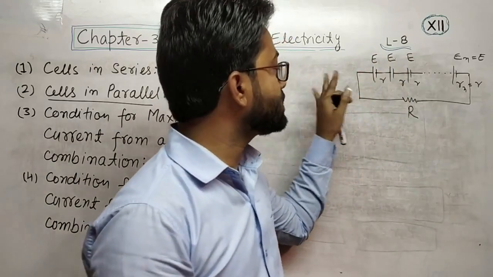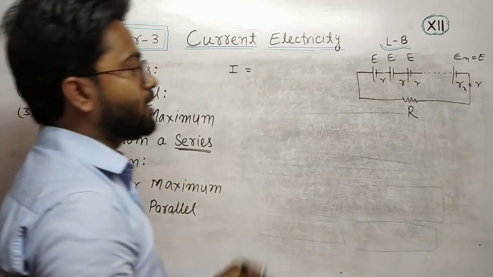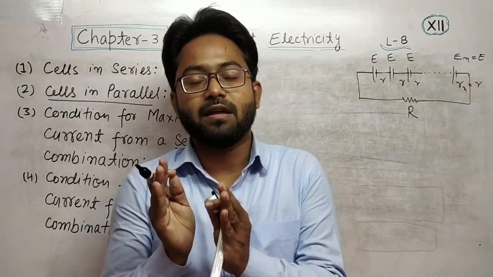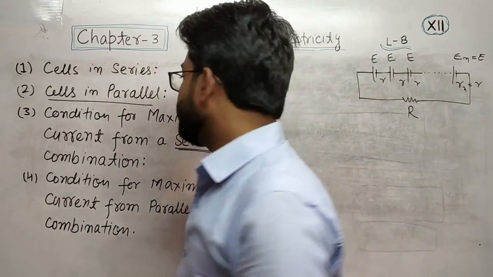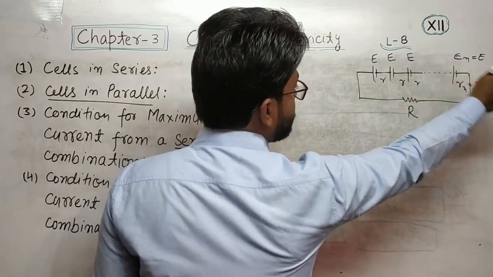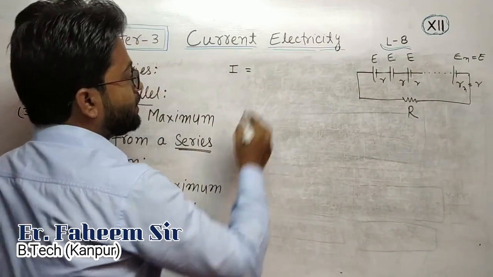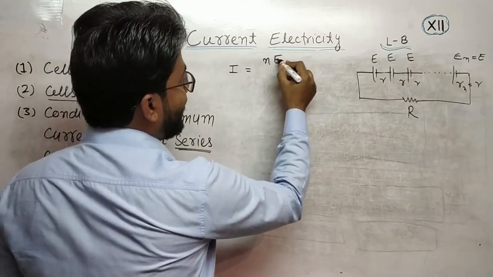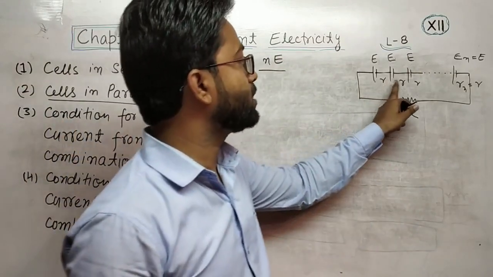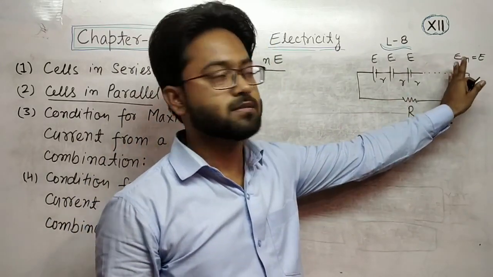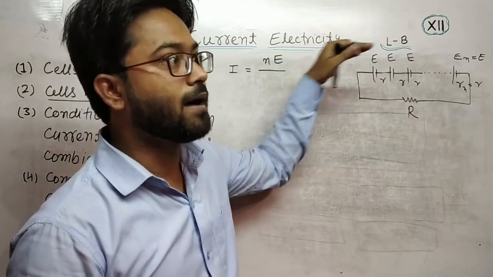In series combination, the equivalent EMF is equal to E1 plus E2 plus E3 plus E4 and so on. Then E plus E plus E plus E up to n times, so we can write total potential as n times E. And internal resistance will be r plus r plus r up to n times, so that equals nr.